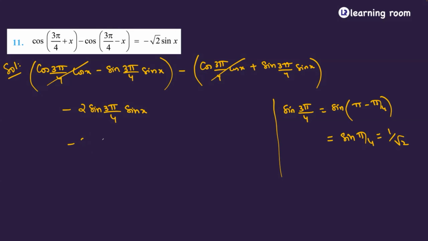Minus 2 into 1 by root 2 into sin x. So this root 2 will cancel the 2, and you will have the answer as minus root 2 sin x. That's the answer. Okay. Minus root 2 sin x.